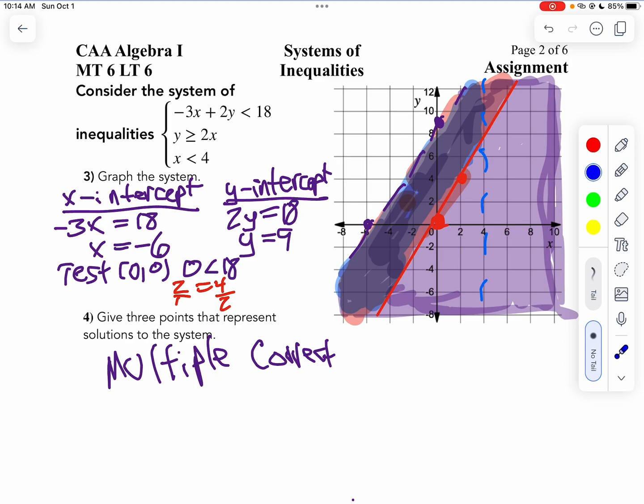So I could pick, for example, 0, 2, or 0, 4, or 0, 6. I could pick negative 4 and negative 2. I've got a whole bunch of correct answers there, don't I? I just listed a few of them for you.